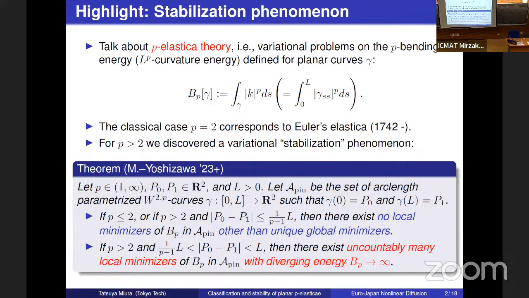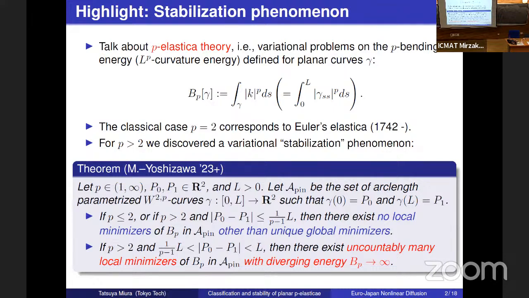And actually, it was already known that if p is equal to 2, the only local minimizers are given by global minimizers. And in fact, recently we extended this fact to some general exponents. And this is the first result.